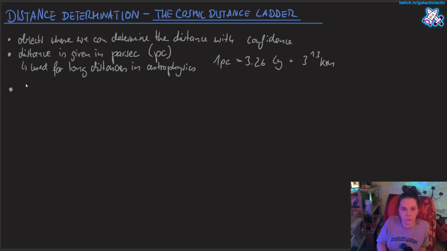The most important property here is how bright a star appears to us. When we want to find out the distance, how bright the star or the galaxy is to us is the most important property in general.